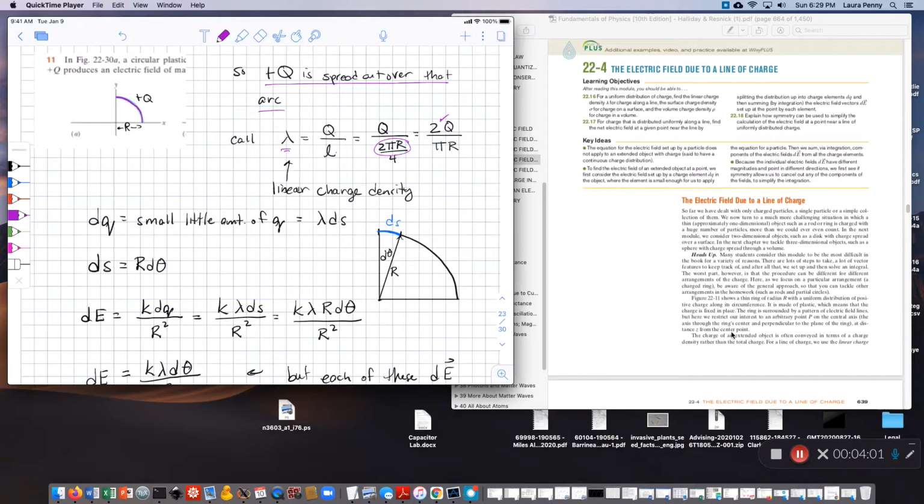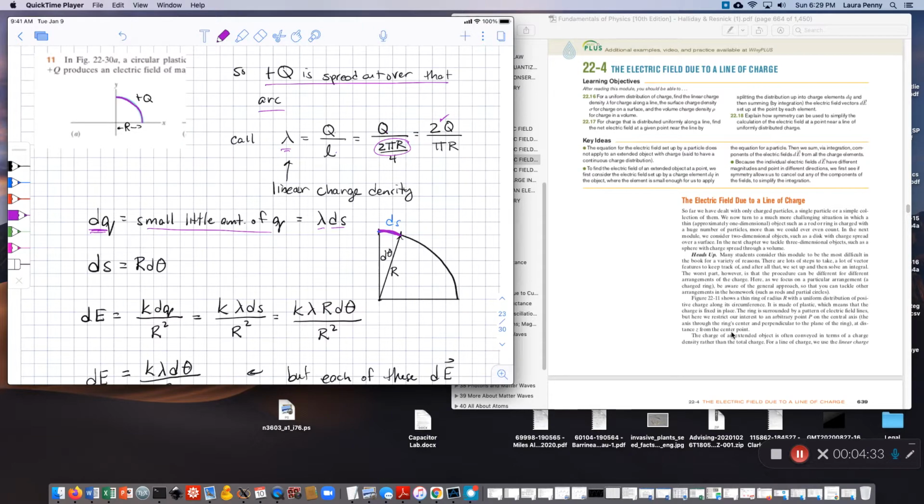Then I'm going to say there's some little dq, some small amount of charge on some little section. ds is just this little section of the arc. On that section, I multiply ds times lambda, and that tells me how much charge is on that little section. When we talk about integration, we try to separate things into little chunks.